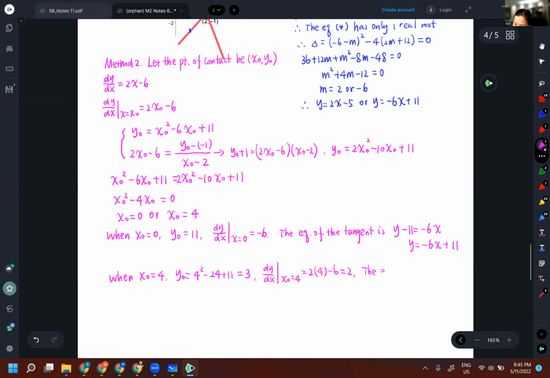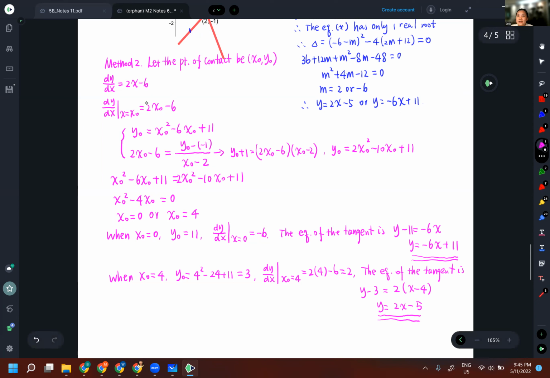The equation of tangent is y minus 3 equals 2 times x minus 4. So y equals 2x minus 5. Okay, same answer.